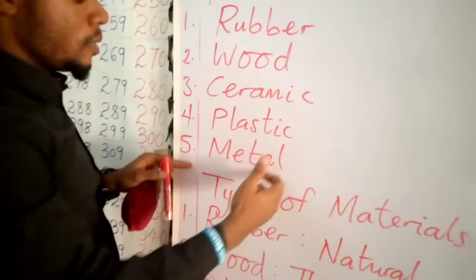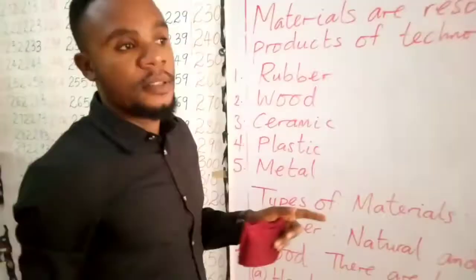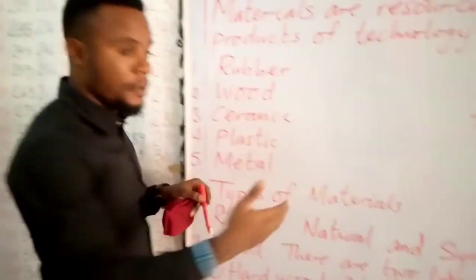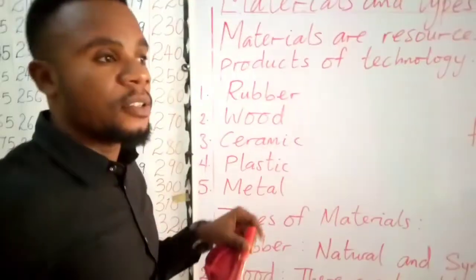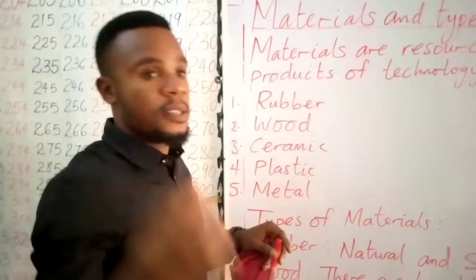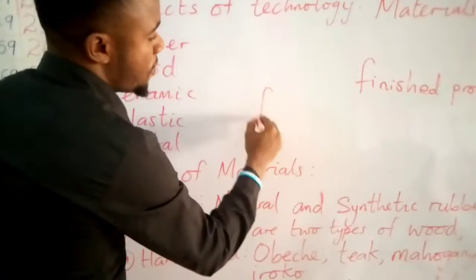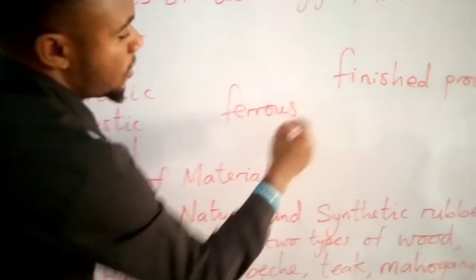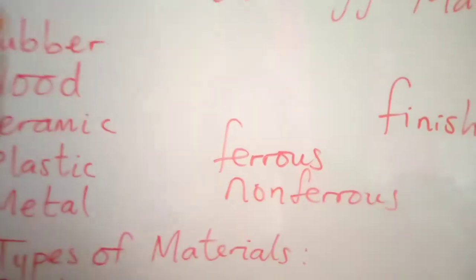We have metal. Metals are found in different parts of your homes. You see that in your protector, which is made from iron, or your roofing sheet. We call that metal, which are ferrous metal and non-ferrous metal.